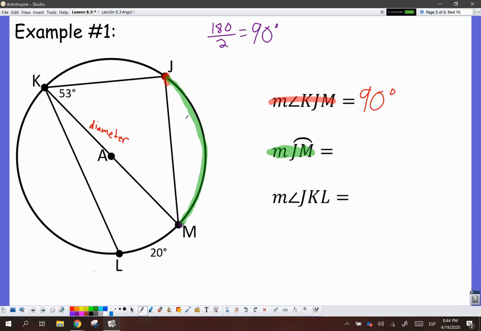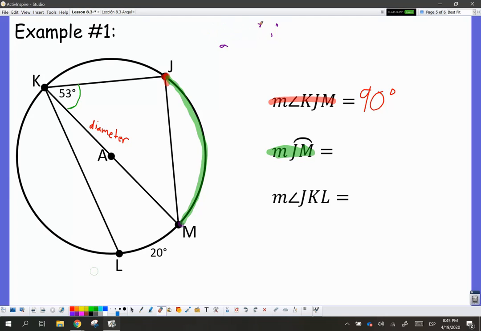So now that I have this arc isolated, let's take a look and see if I can find any measures or any numbers relating to that arc. So I know it starts at point M, point J. So what if I follow these back? And I see that there's an angle here, and I'm given the measure for that angle, which is 53 degrees. So remember, inscribed angle is half the arc.